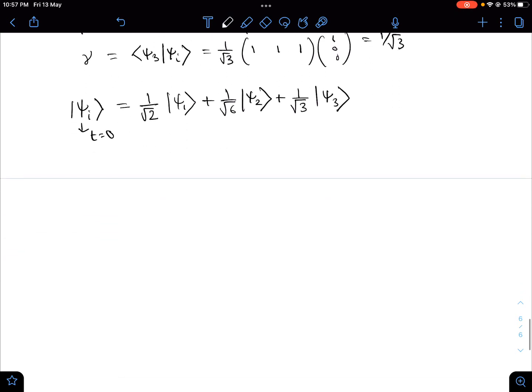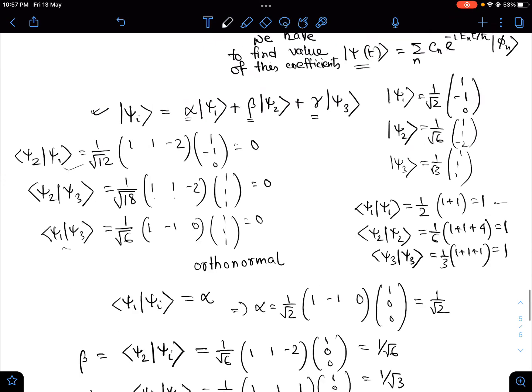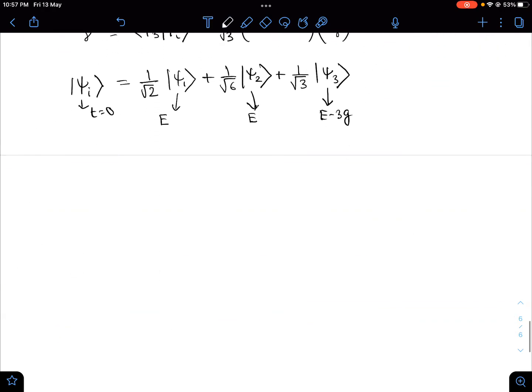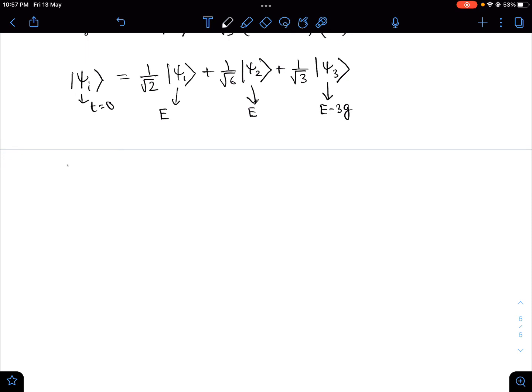So what will be the state at a later time t? Now this has eigenvalue E, this also has eigenvalue E, and this has eigenvalue E minus 3g. So let me just confirm this. So E and E minus 3g with psi 1, psi 2 and psi 3. Fine. So what will be the state after a time t?